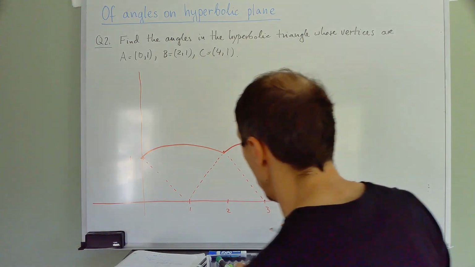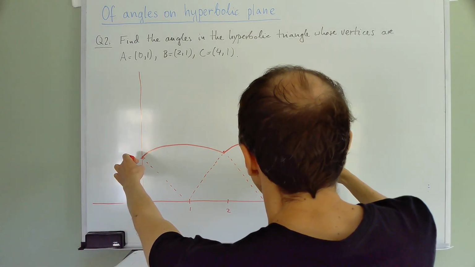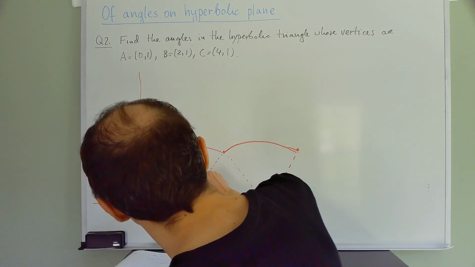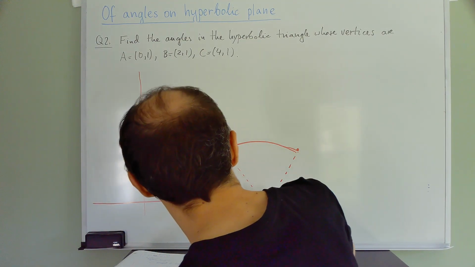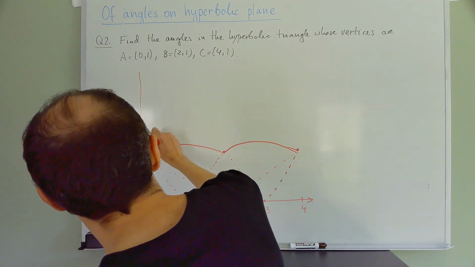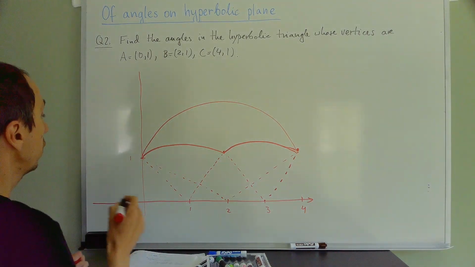And finally, the last one has to be the circle centered on the x-axis that goes through the most extreme points. So that's going to be something like that. Okay, so this is your triangle.